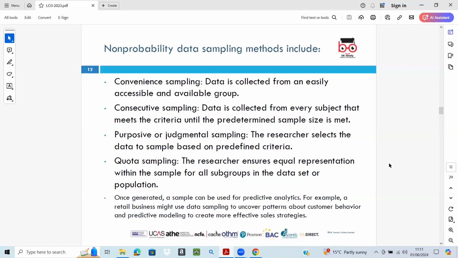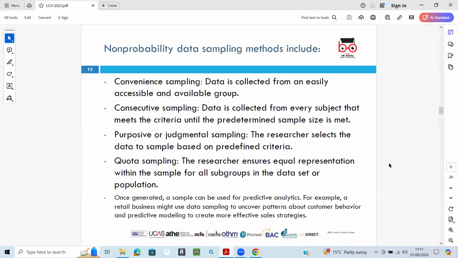Then we have consecutive sampling. In that, data is collected from every subject that meets the criteria until the predetermined sample size is achieved. It's useful when time and resources are limited, ensuring all qualifying subjects are included in the sample.